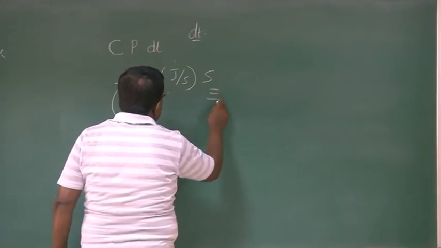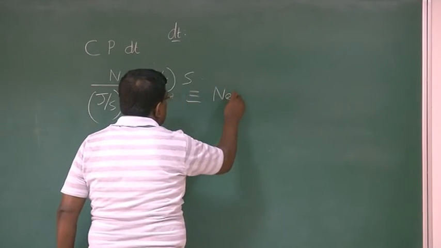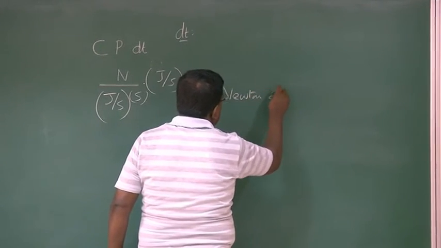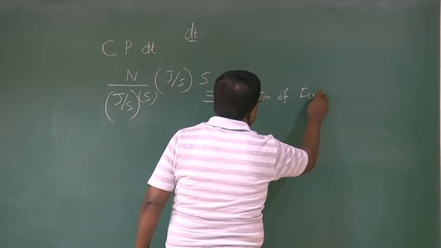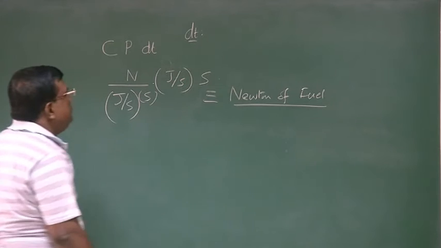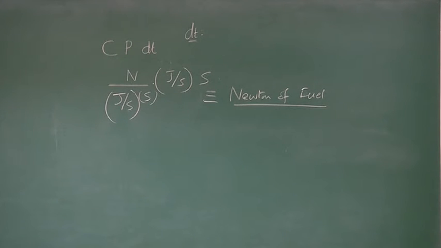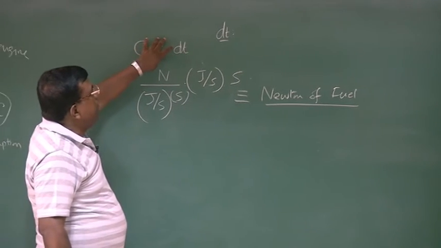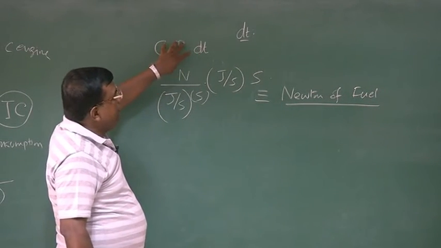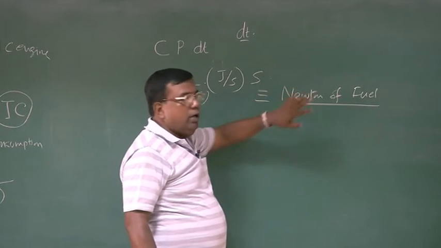So you get dimensionally Newton of fuel. So I know now, if I multiply C into power into dt, then I get Newton of fuel which is consumed.